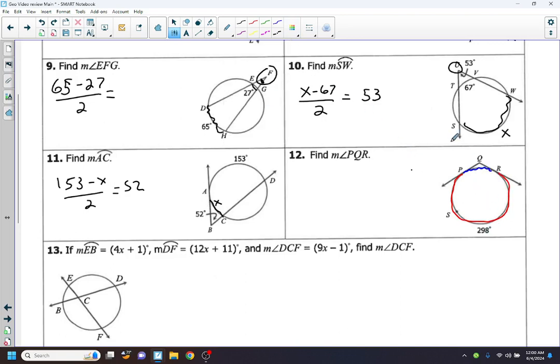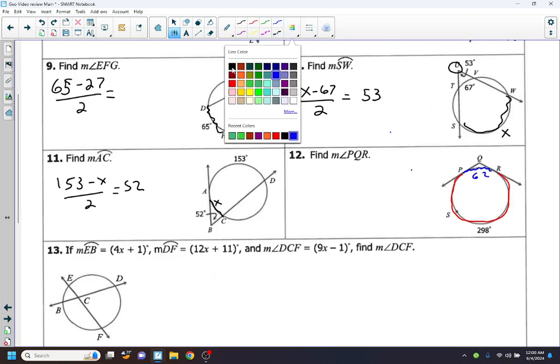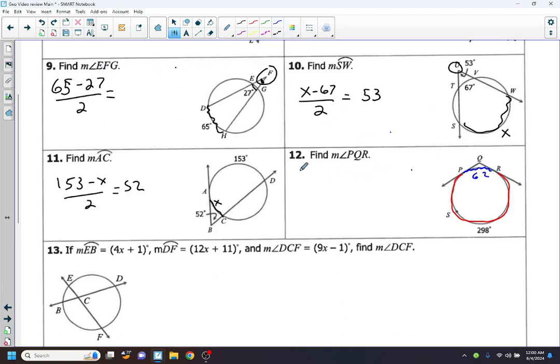If that's so, the small part is going to be 360 minus 298, because it's a full circle. So it's going to be 62. And once I figure out that 62, I could do what I did in number 9. 298 minus 62 over 2.